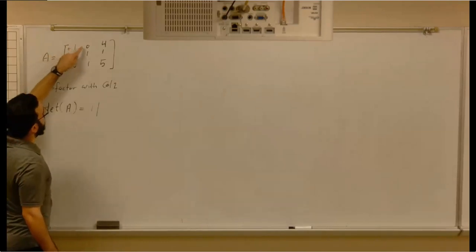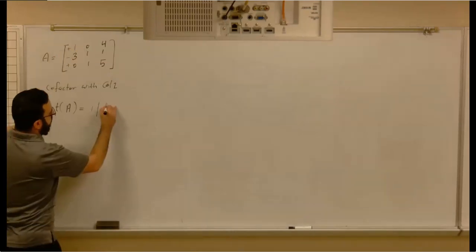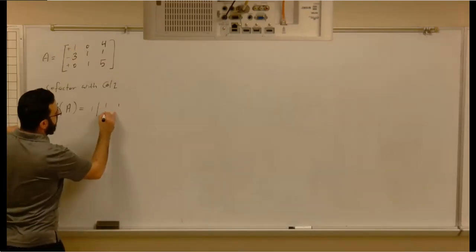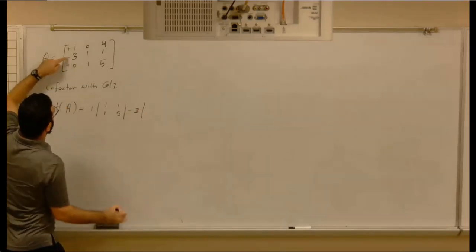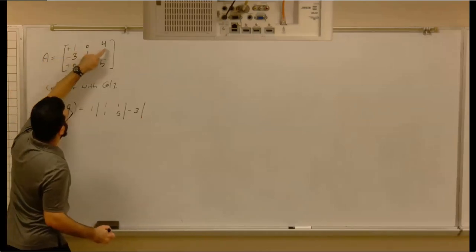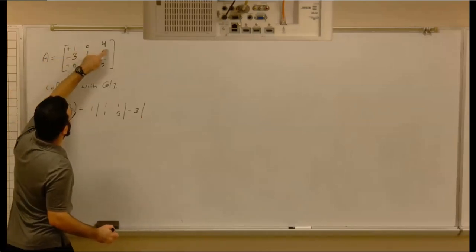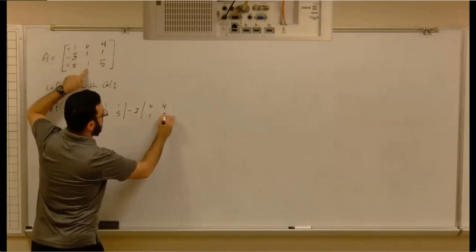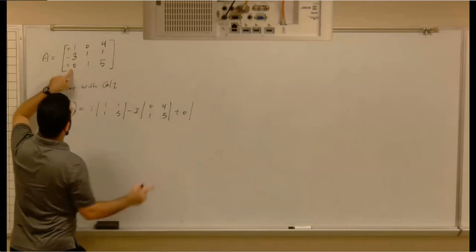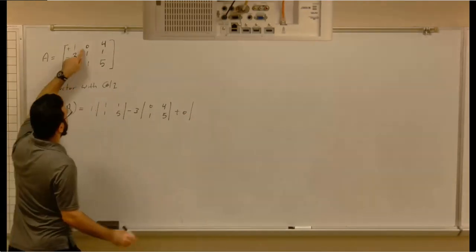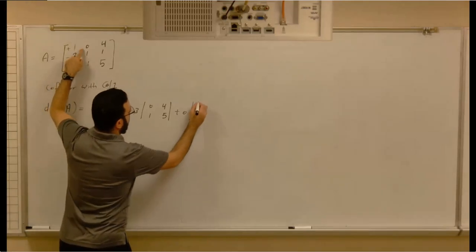The determinant of the matrix A is going to be, the first number is 1. Cancel this column and this row. What's left? 1, 1, 1, 5. Minus 3. Cancel this row and this column. So 0, 4, 1, 5. Plus 0, cancel this row and this column, 0, 4, 1, 1.